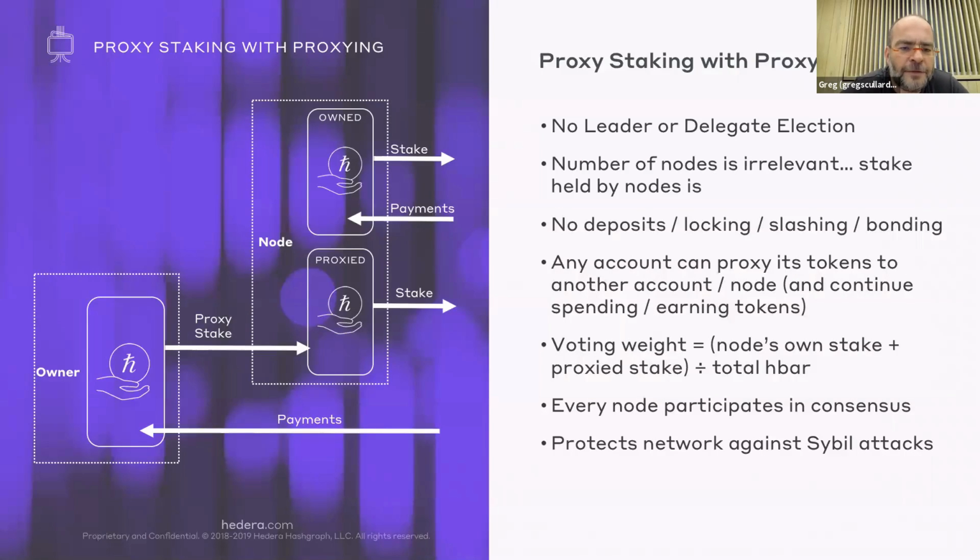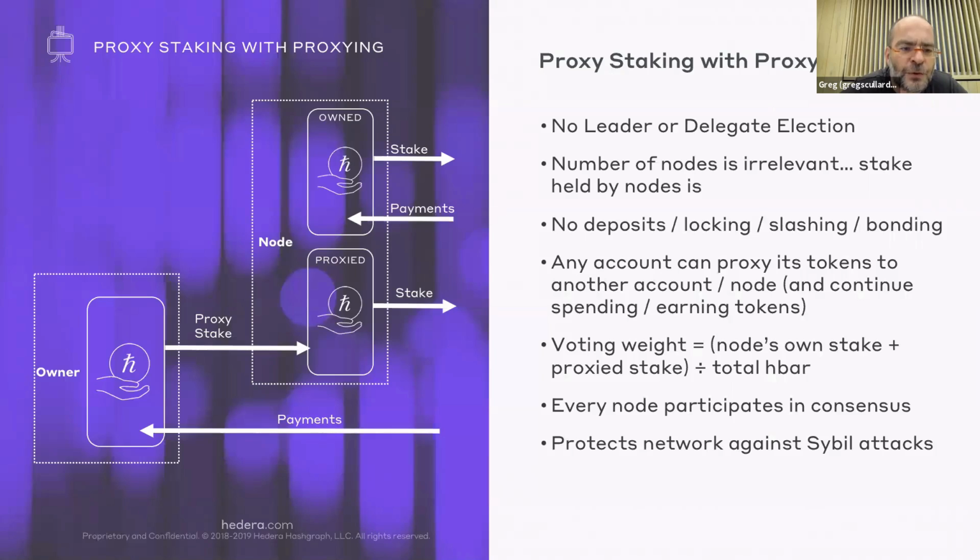So when a vote takes place, the voting weight is the node's own stake plus what's proxied to it, divided by the total number of HBAR, which is 50 billion. What we see here in the picture is that the node has its own owned coin, which is its own stake. It has also received proxy from a third party, that could be any of us, that have proxied to the node.